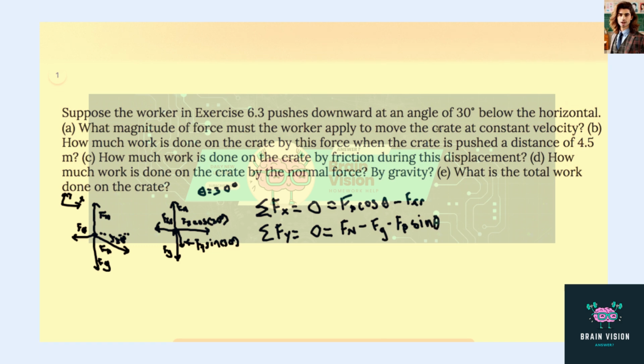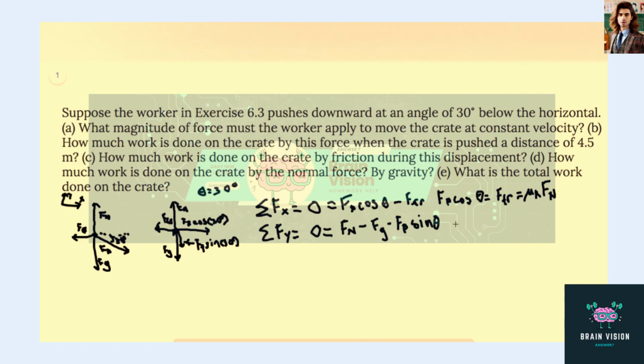So Fp cosine of theta is equal to the frictional force, which is given by the coefficient of kinetic friction, mu k, times our normal force.